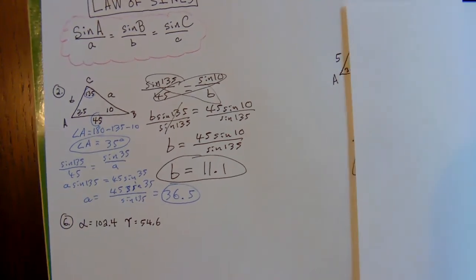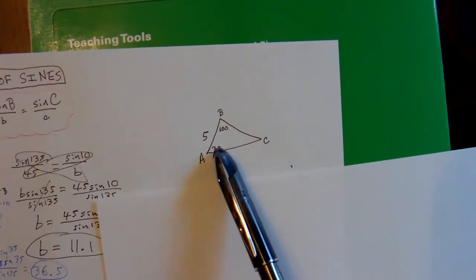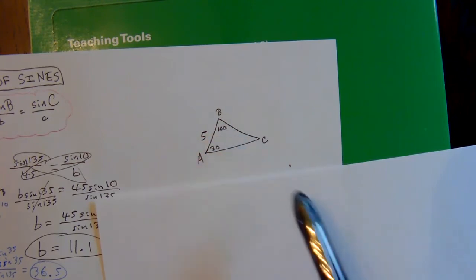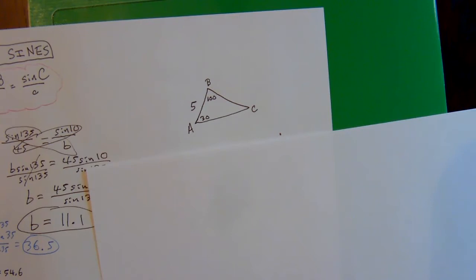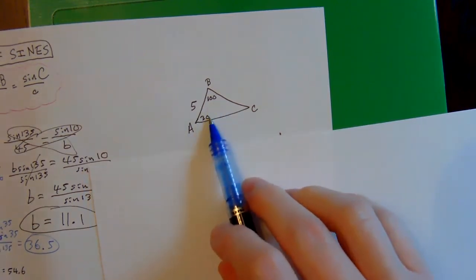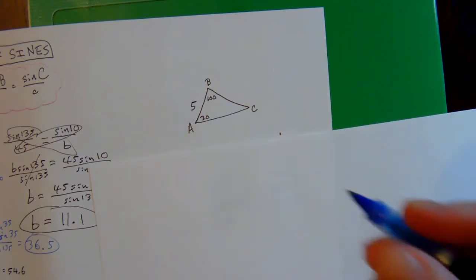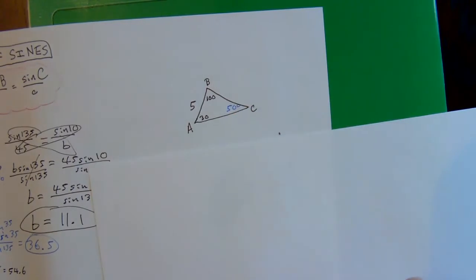Now, I just want to mention, if I were to give you a situation like this, where you don't have the angle on this opposite side. So here I have the angles, but I don't have that opposite side. I don't want you thinking right away that you can't use the law of sines, because if you know two of the angles, if I go 180 minus 100 minus 30, that's 130. So 180 minus 130, I can easily get that this is a 50-degree angle right there.